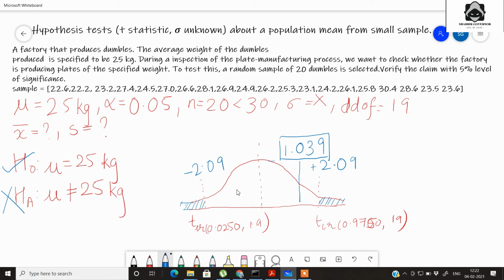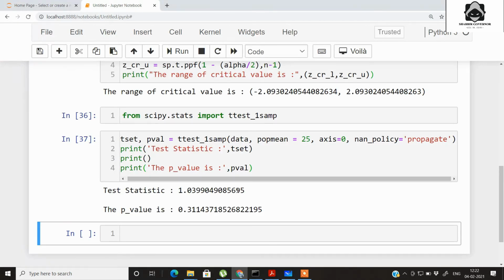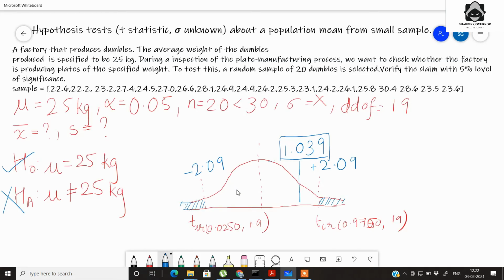To verify our claim, we will also check the p-value. We get that the p-value here is 0.3114. So if we write p-val equal to 0.3114, it is obviously greater than the alpha value, that is 0.05.